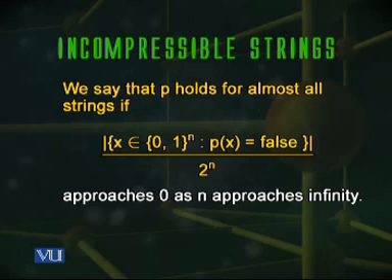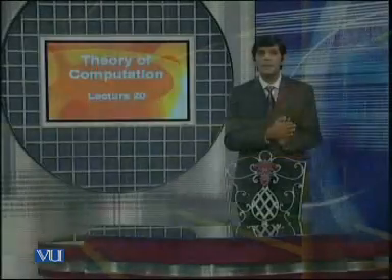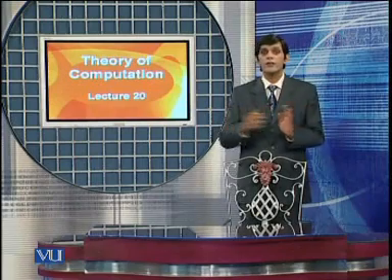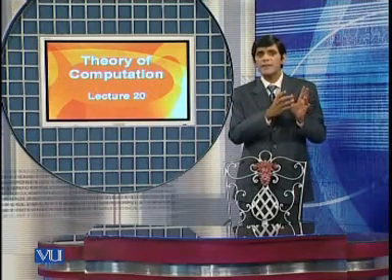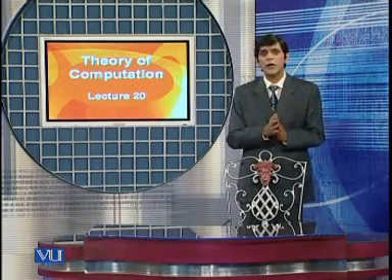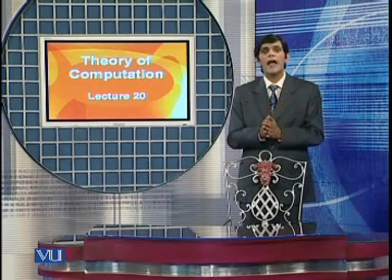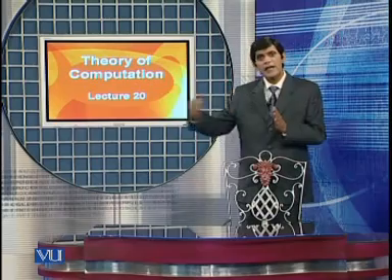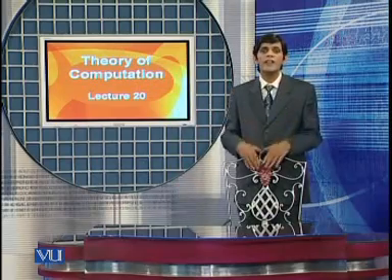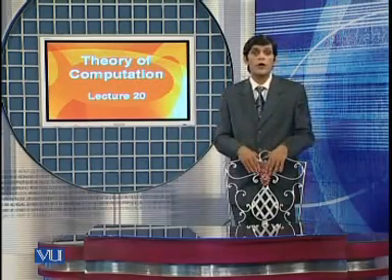So a property holds for almost all strings if you look at the fraction of strings of length n which do not have this property. If that fraction approaches 0, so what it means is as n becomes larger and larger, fewer and fewer in terms of percentage strings have this property, and that ratio approaches 0, we say that this property holds for almost all strings.